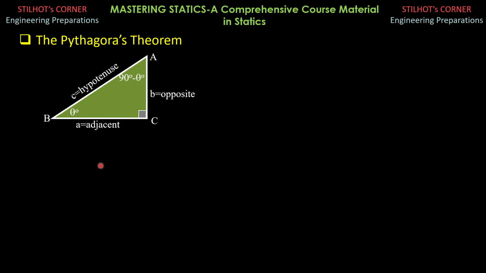So this is the theorem. It's very important that adjacent side square plus opposite side square equals hypotenuse square, or hypotenuse square equals adjacent side square plus opposite side square. Using the symbols, this is c square equals a square plus b square.